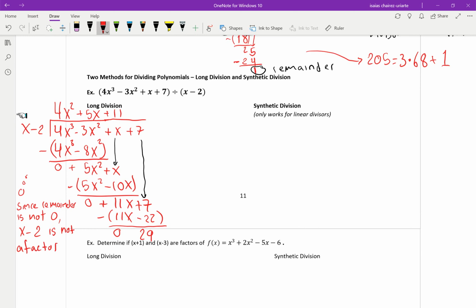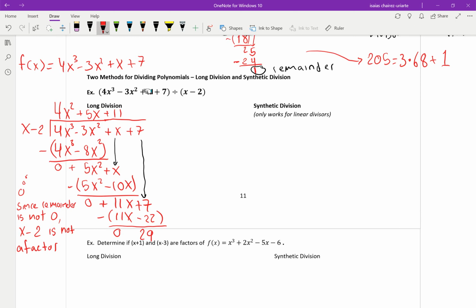And it's not a factor of the third degree polynomial up here. Let me call this third degree polynomial f of x, just to give it a name. So I'm going to say 4x to the third minus 3x squared plus x plus 7.